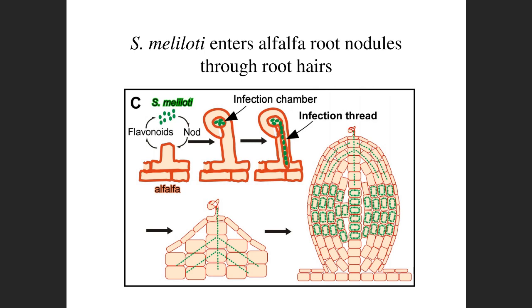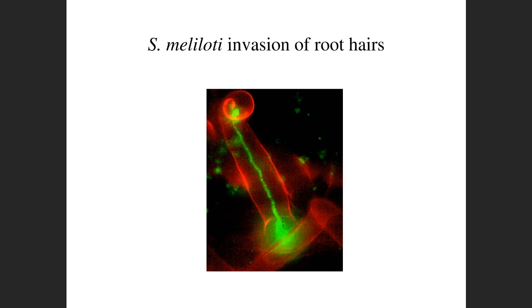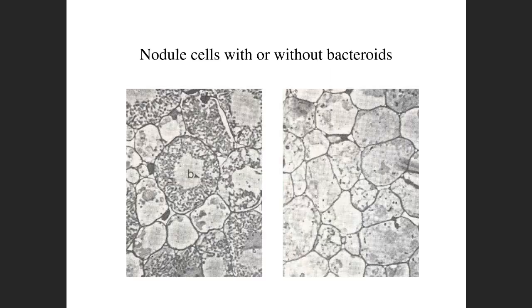And inside these structures, some of the plant cells are colonized with a layer of bacteria. Here you can see a root hair, and these are the bacteria growing into the plant, and that will lead to the formation of the nodule.